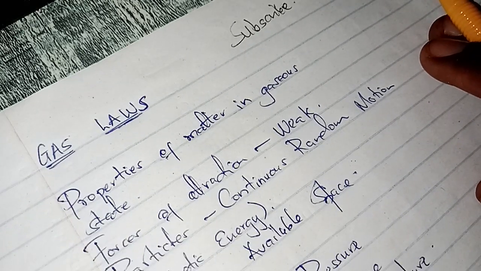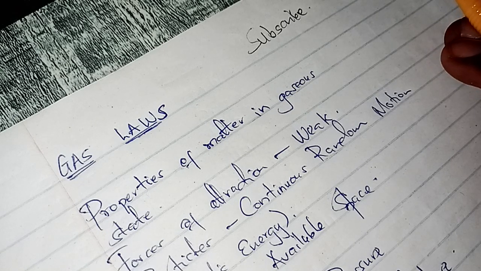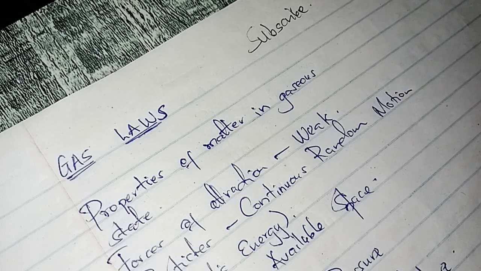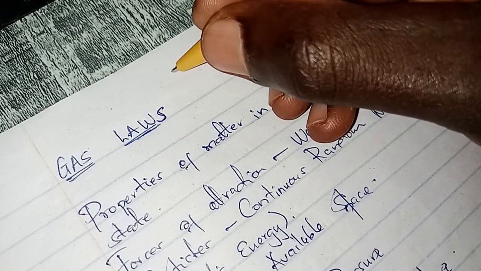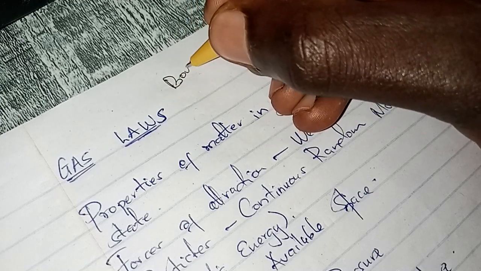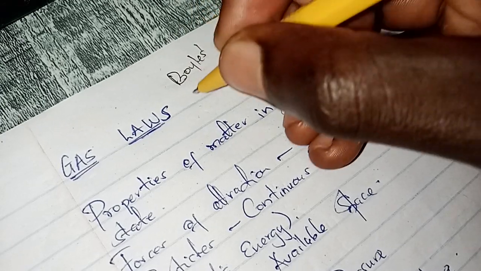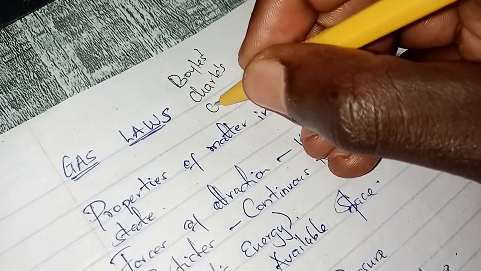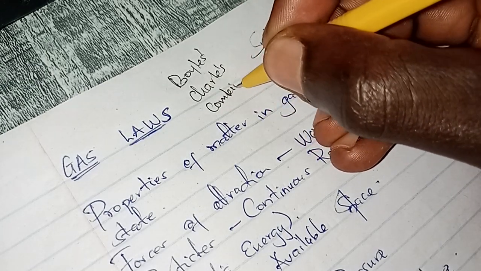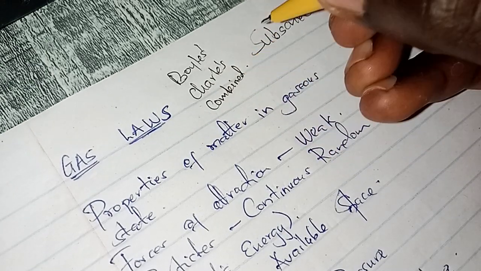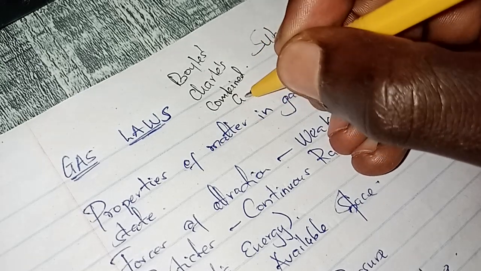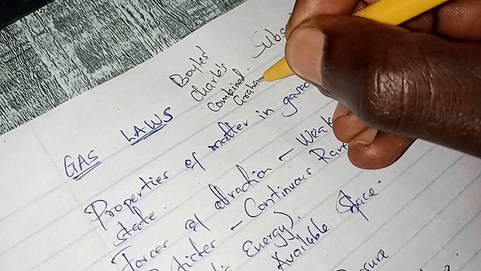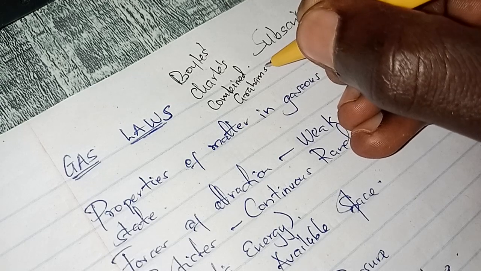Today we are going to look at gas laws. We are going to look at three basic laws: Boyle's law, Charles' law, and the combined gas law, and then we have Graham's law.